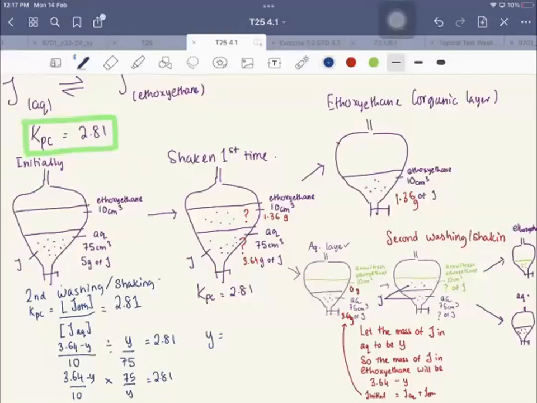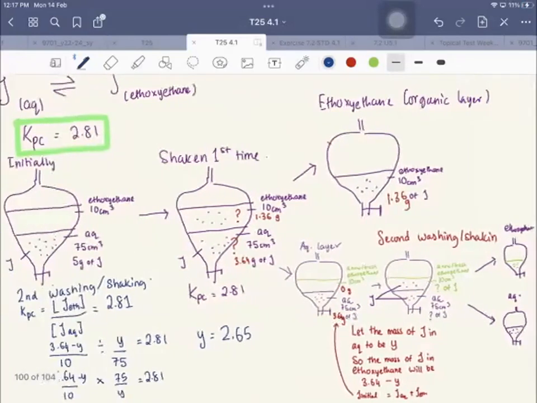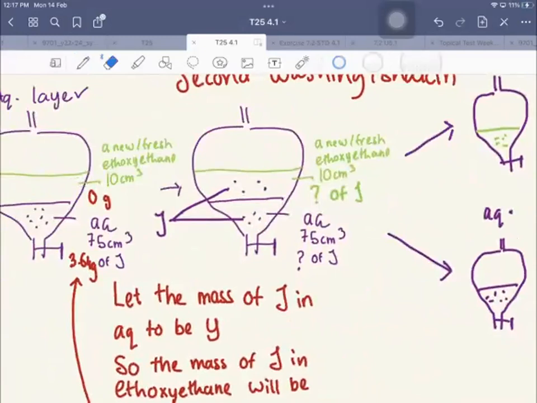Ridwan has sent in his answer. Let me just plug in. My answer is 2.65. Yes, Ridwan, thank you. We got 2.65. Y is equal to 2.65. That means if I go back to what my Y is, the mass of J in aqueous, so in aqueous, 2.65 grams.